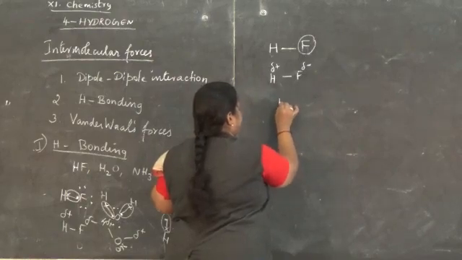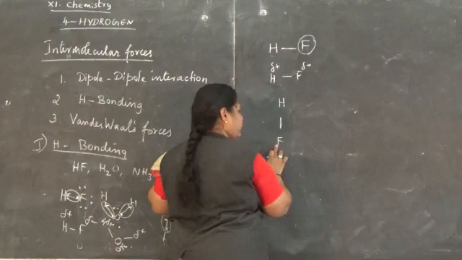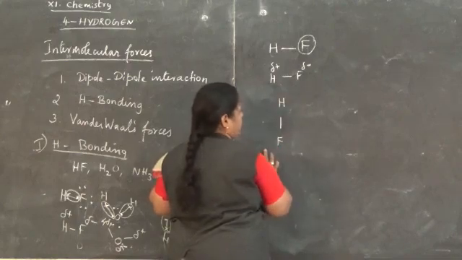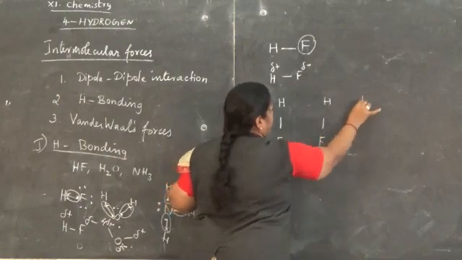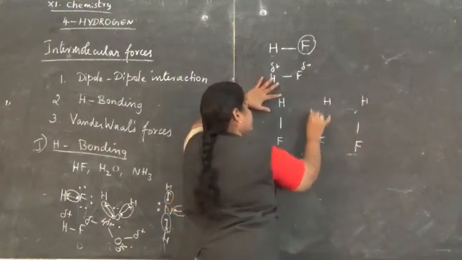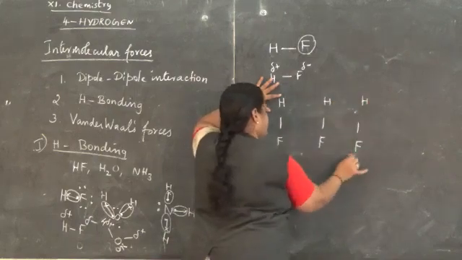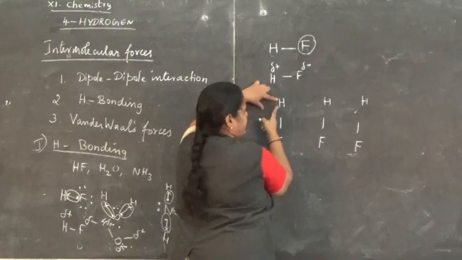Okay, see that hydrogen forms a covalent bond with the fluorine atom. This is one molecule. I write so many hydrogen fluoride molecules here. This is one molecule, this is another molecule, this is a third molecule. So this is a polarized hydrogen atom.